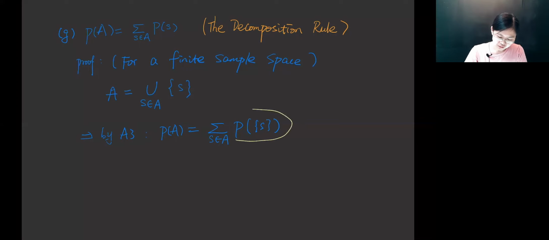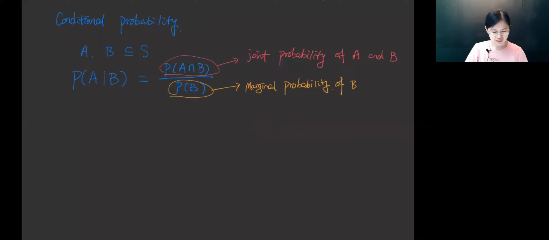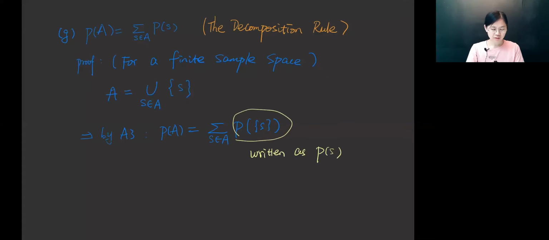And the probability of a single point set, we just write as P of little s, just a different way to write the same thing. So these are the consequences of the three axioms of probability.